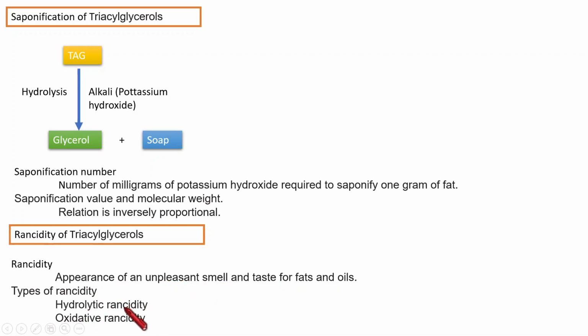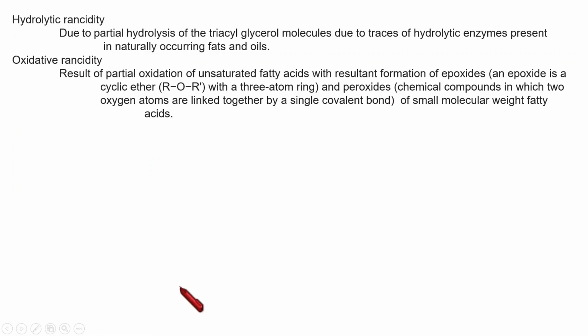Let's see hydrolytic rancidity first. Hydrolytic rancidity means the partial hydrolysis of triacylglycerol. How? Partial hydrolysis happens because of the action of traces of hydrolytic enzymes that are present naturally in fats and oils. So that is hydrolytic rancidity.